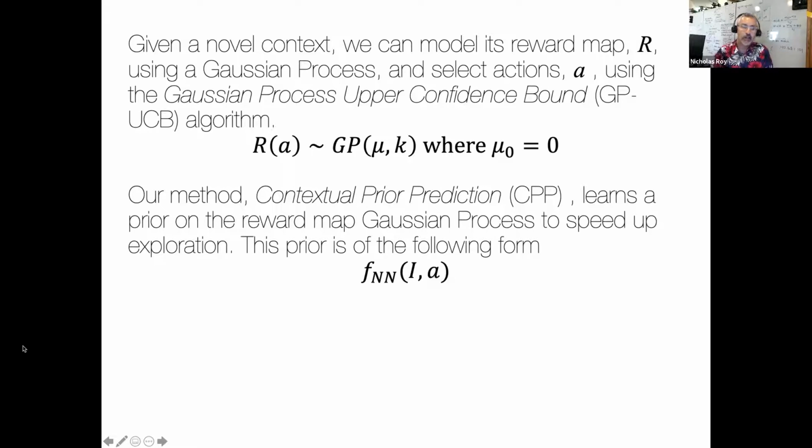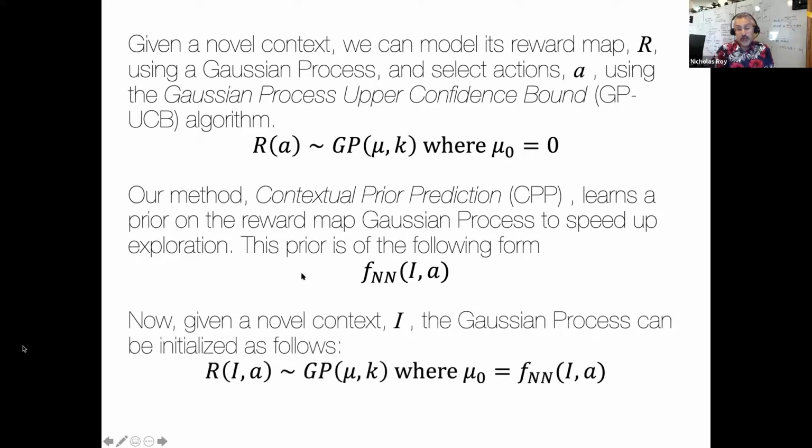And we're going to use a neural network because neural networks give us very effective ways of making predictions from image-based information. And so given some novel context, some novel image, the Gaussian process can be initialized as follows.